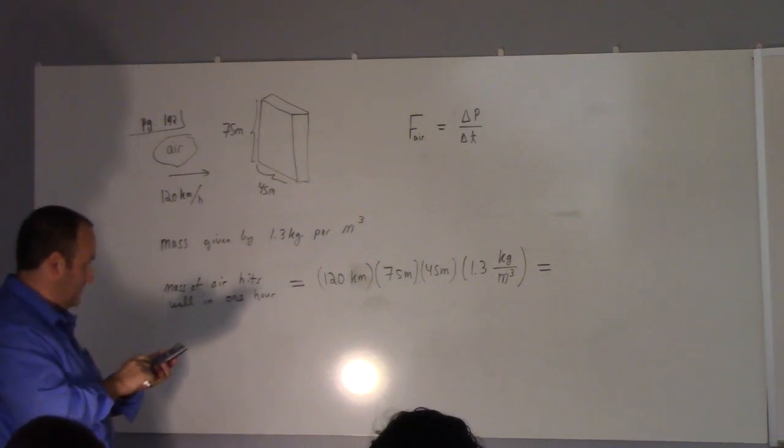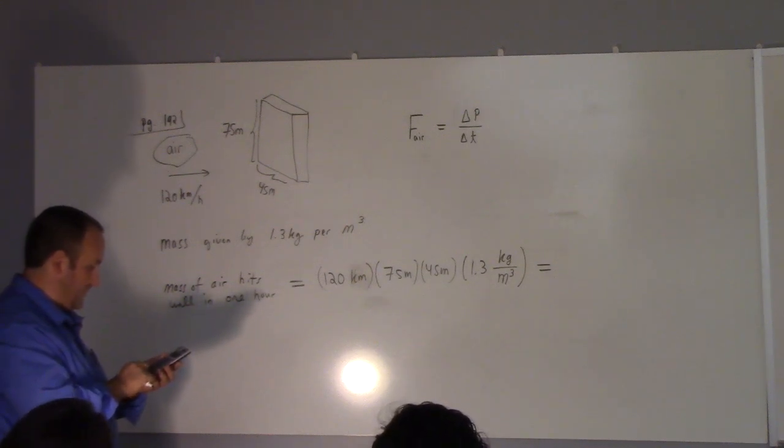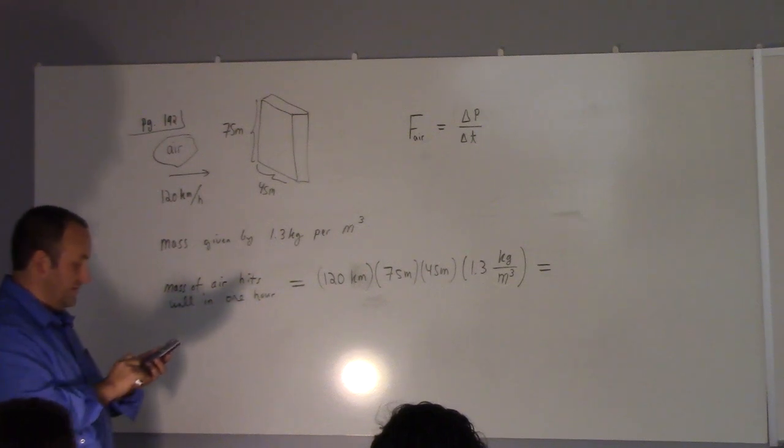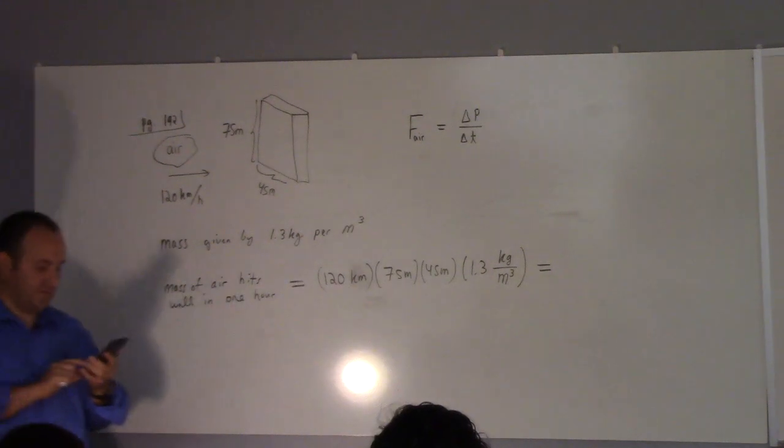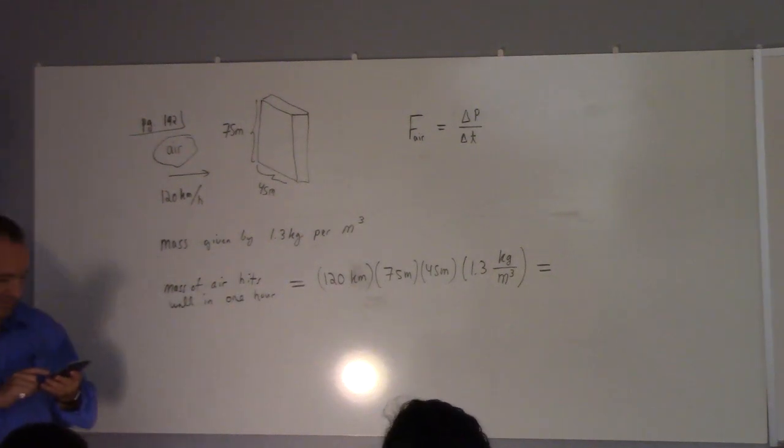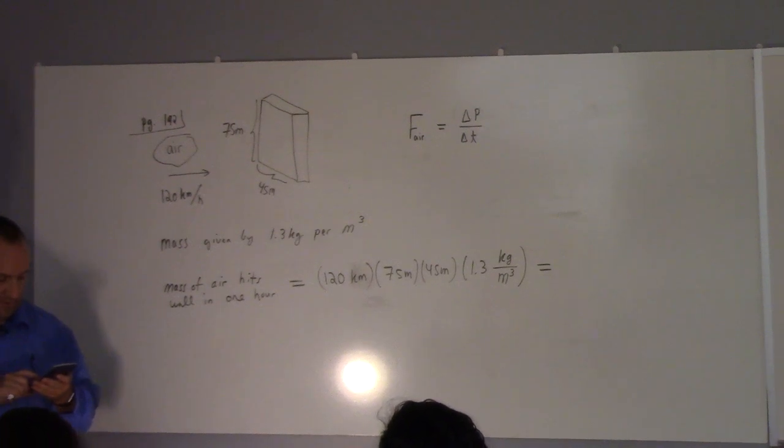So 120 times 75 times 45 times 1.3 times 1,000. This is 526,500,000. Let me put it into scientific notation. Somewhere in my calculator there's a button for that.